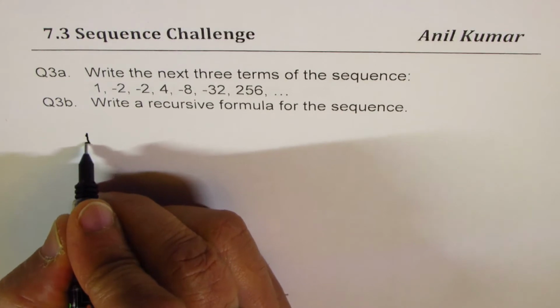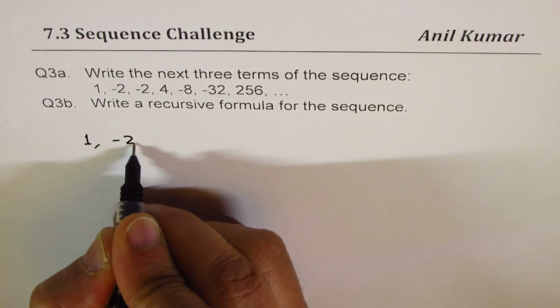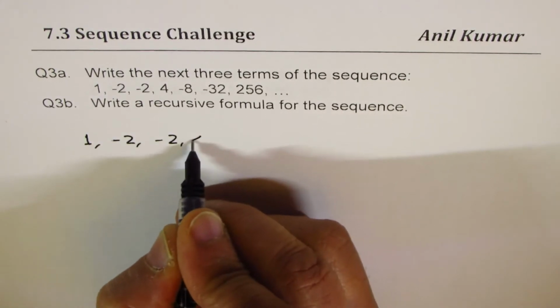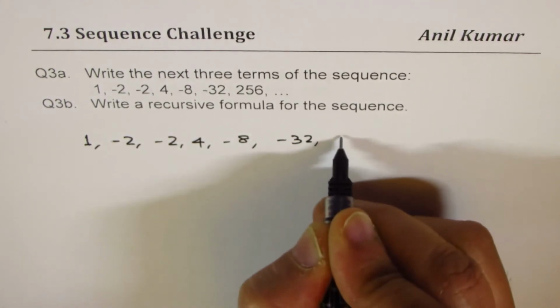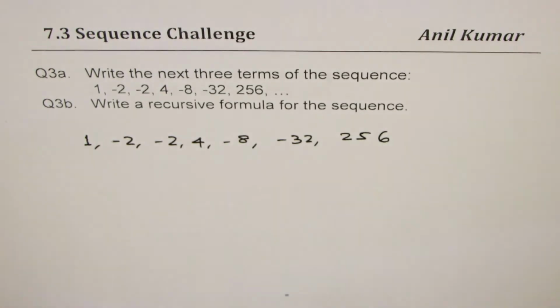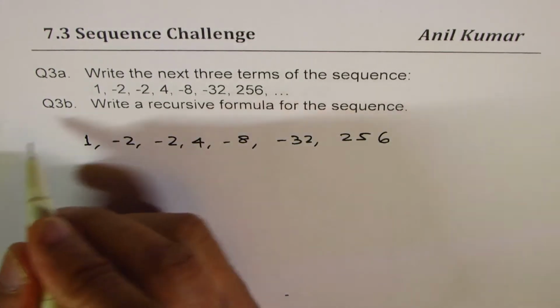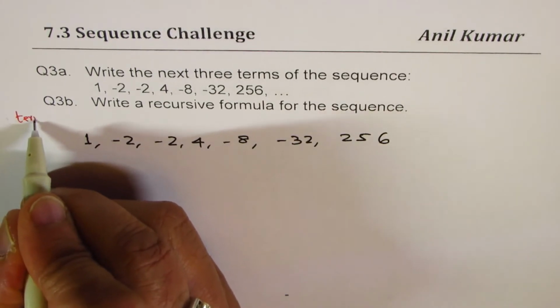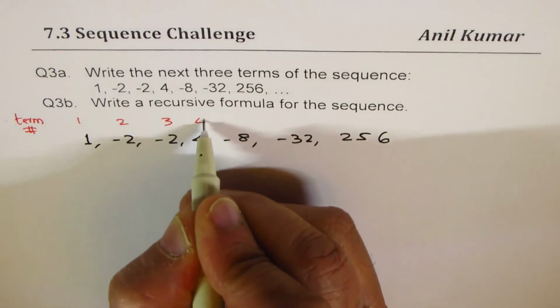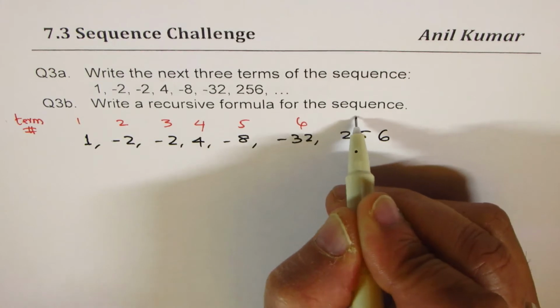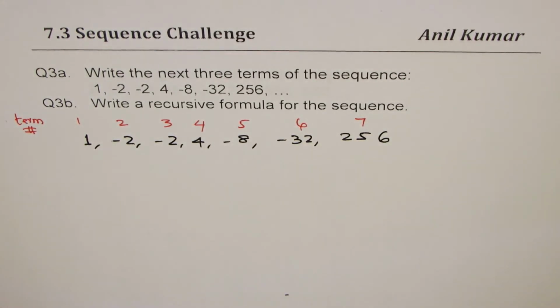So the terms given to us are 1, minus 2, 4, minus 8, minus 32, 256. It's a good practice to write the term numbers. So let's write term numbers first, right? So 1, 2, 3, 4, 5, 6, 7, and so on.